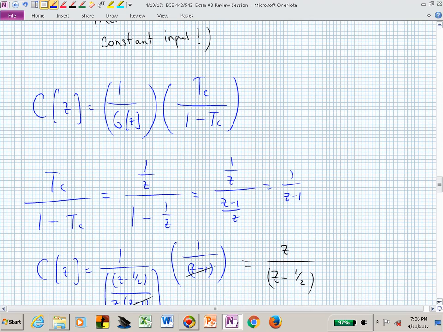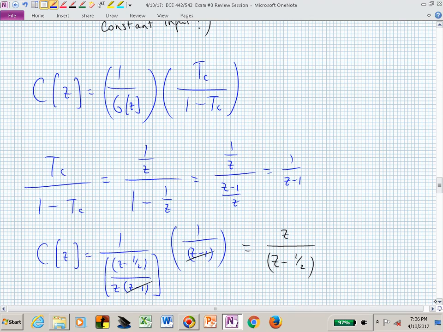We can plug that into our C of Z formula, and now you can see that by our choice of T sub C of Z, we aren't allowing that Z minus 1 factor in C of Z to be a 0 factor to try to cancel that pole in our open loop system.